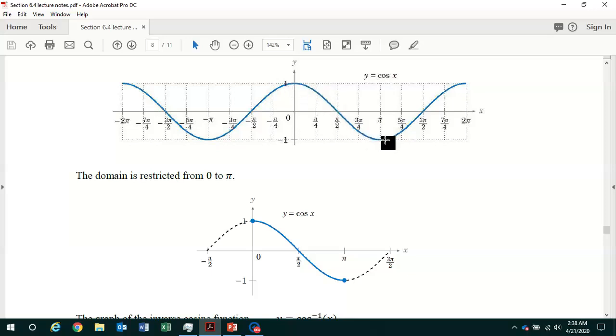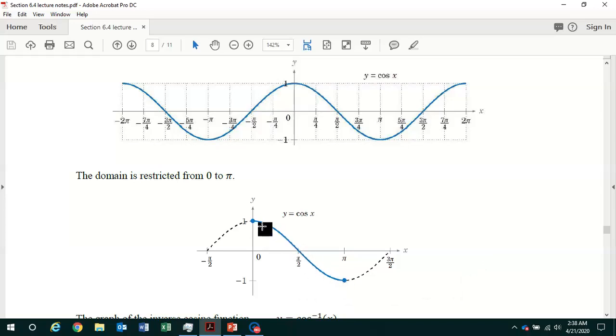In this part of the graph, the range is still from -1 to 1. So that's what we have down here: the graph of the cosine function from x equals 0 to x equals pi, which is the same as 0 degrees to 180 degrees. They threw away everything to the left of x equals 0 and everything to the right of x equals pi and just kept this part.